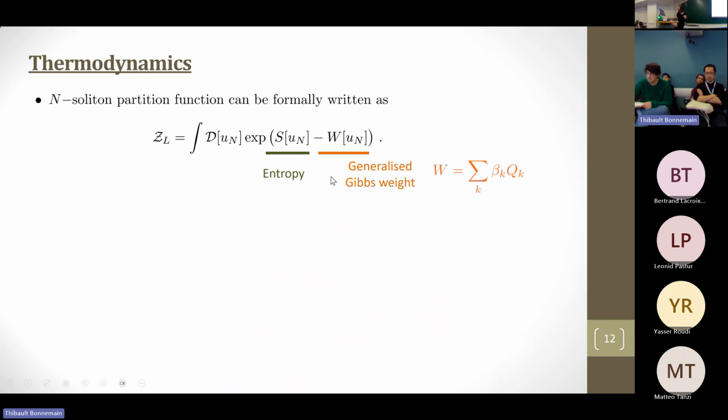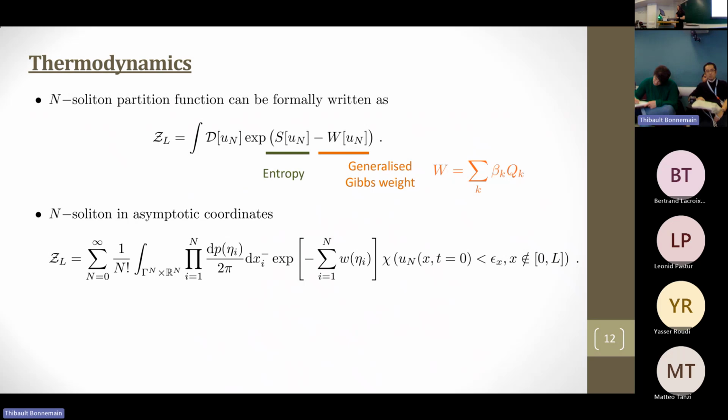At this point, it's a very formal expression because even with this entropy term, how do you define this measure? So it's not completely clear, but thankfully, as I told you earlier, the N-soliton solution is completely specified by the N couples of spectral and impact parameters, where we instead write this partition function in terms of those asymptotic coordinates.